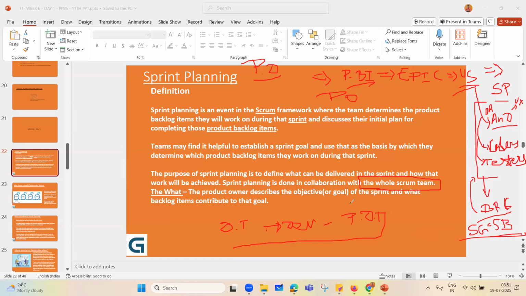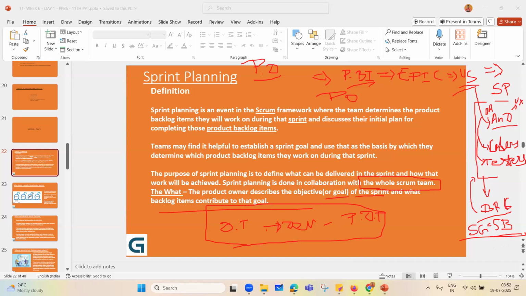So the product owner describes the objective or goal, what exactly we are going to target in the sprint, and what backlog items contribute to that goal. Those backlog items will be taken up into the sprint backlog, and that becomes the sprint goal, where every single person will be ready to contribute.